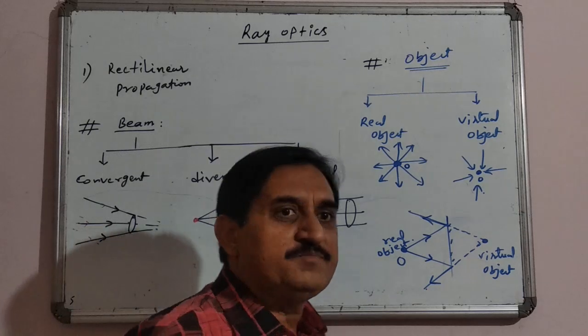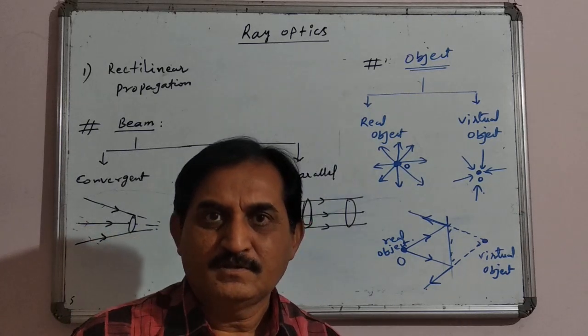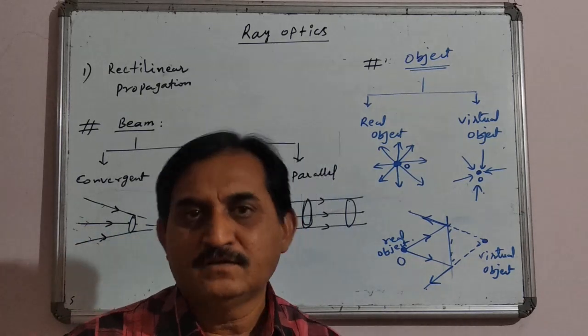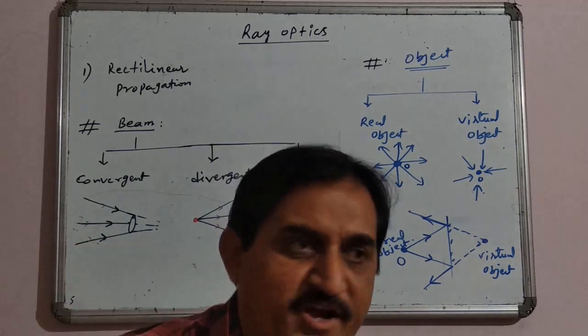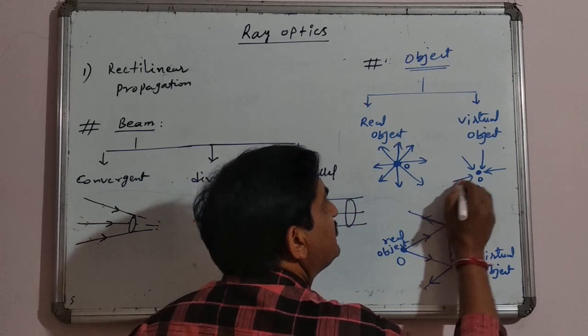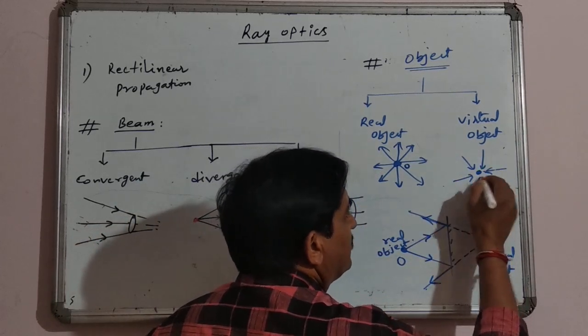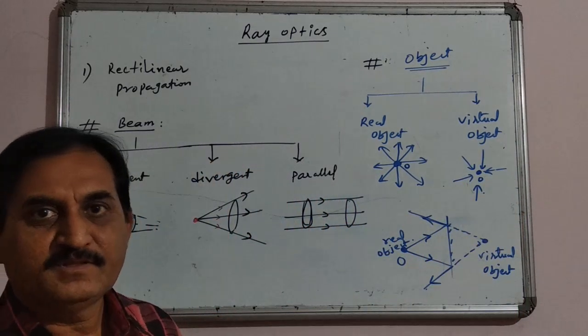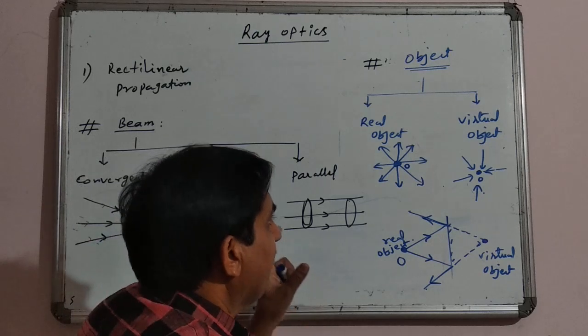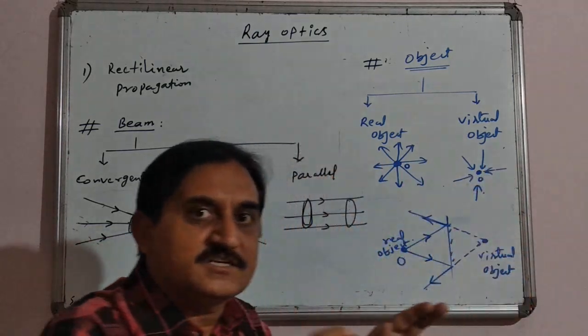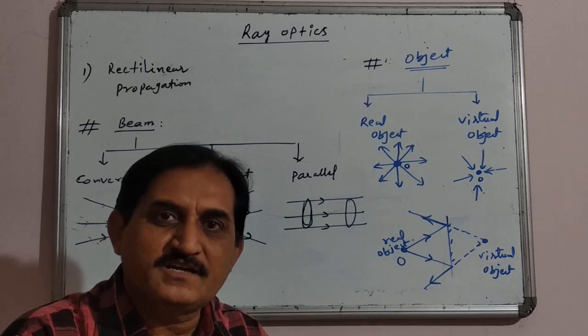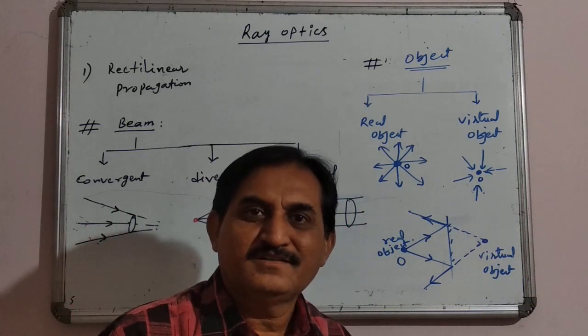Can you see the virtual object? No, I cannot see the virtual object because the light converges to that point. The light is converging to this point, not diverging from it. Therefore, whenever the light converges, the point of convergence is taken to be a virtual object, so we cannot see that object.